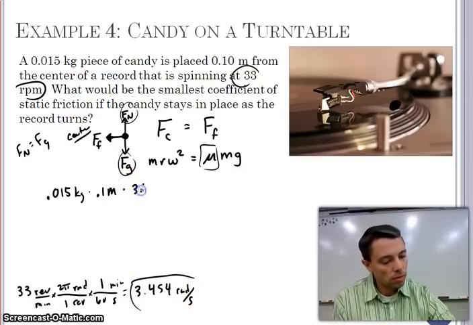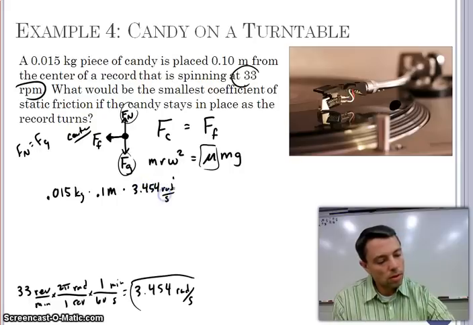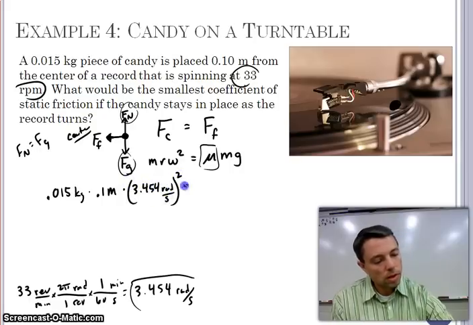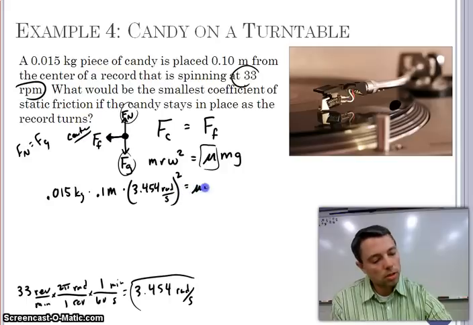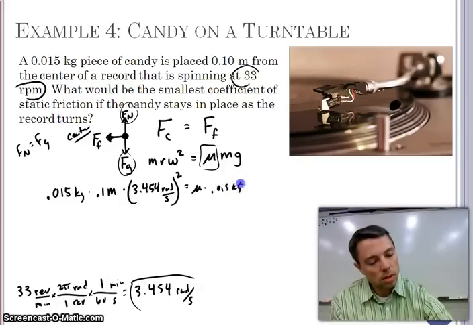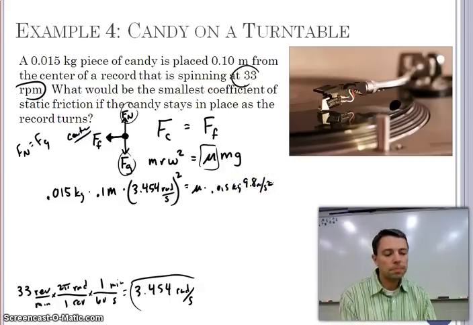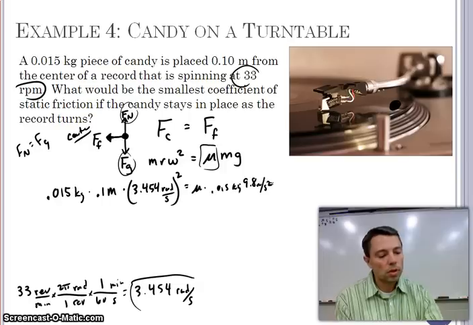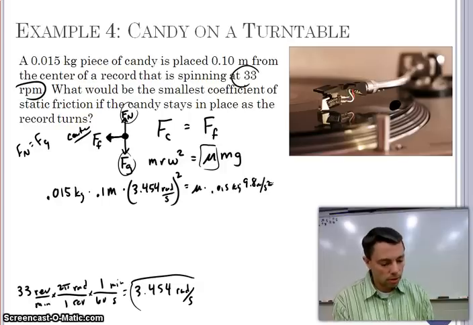And I'm going to use that up here in my omega. So it's 3.454 radians per second quantity squared. That's going to be equal to my coefficient of friction times my mass, 0.015 kilograms times 9.8 meters per second squared. So again, I'm just going to go through and solve now for my coefficient of friction.